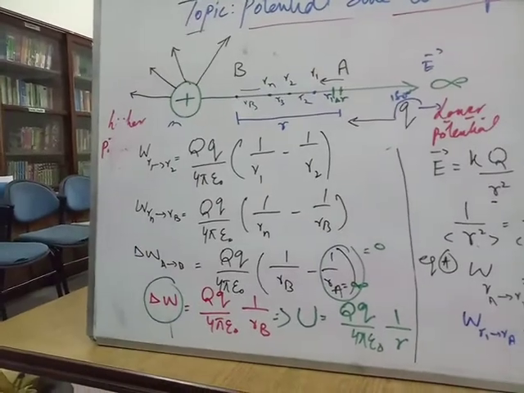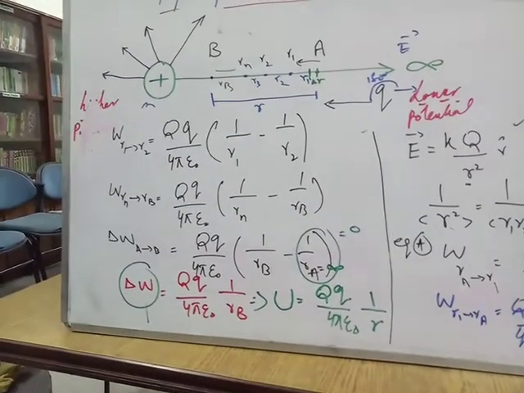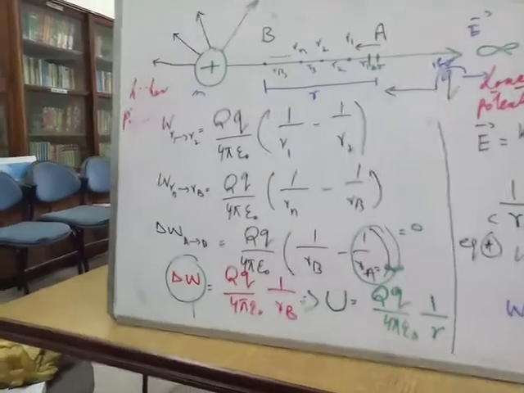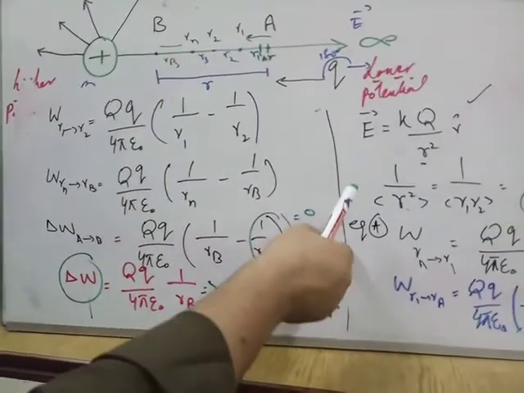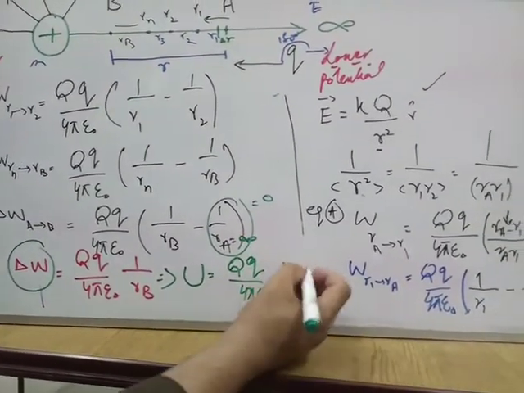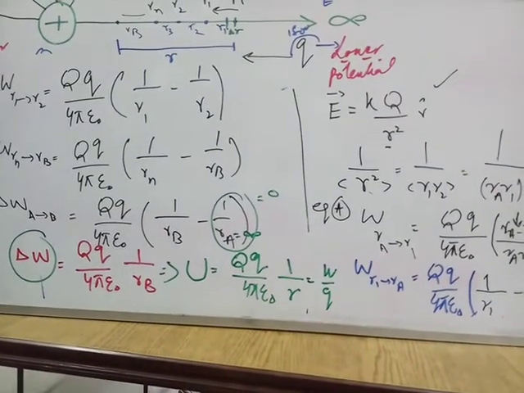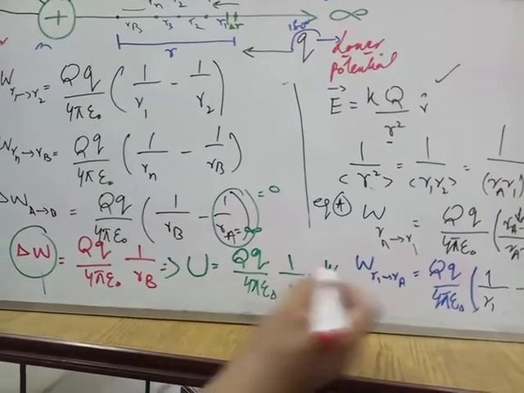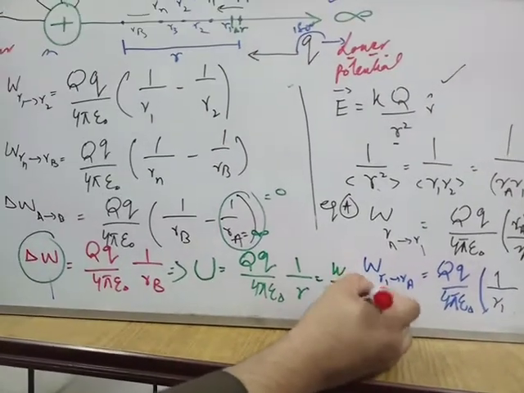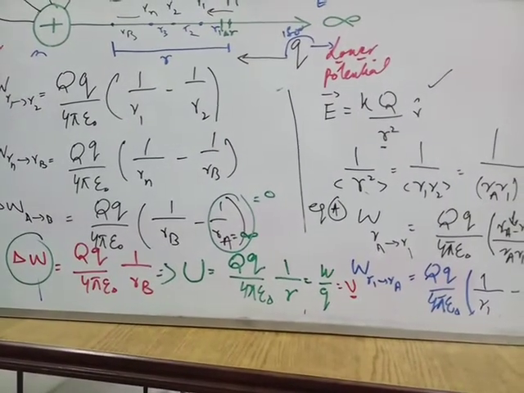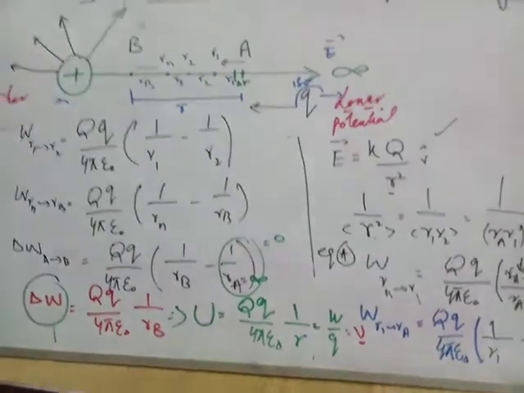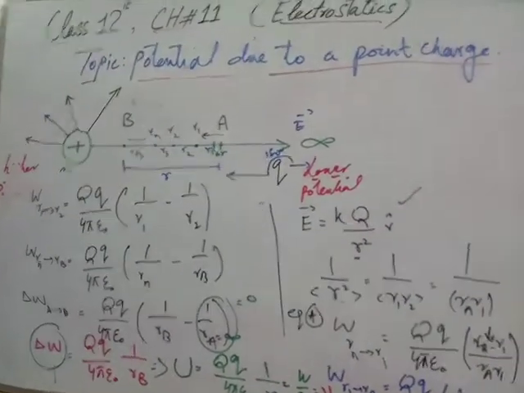If you compare this with potential, we can write W over Q, which is equal to V. This is also the work done per unit charge. So this is the important topic, potential due to a point charge.